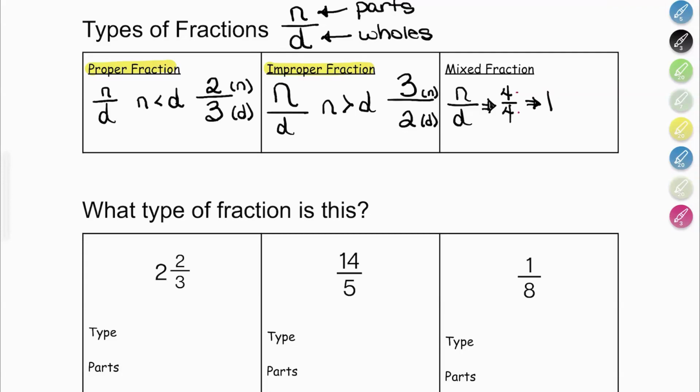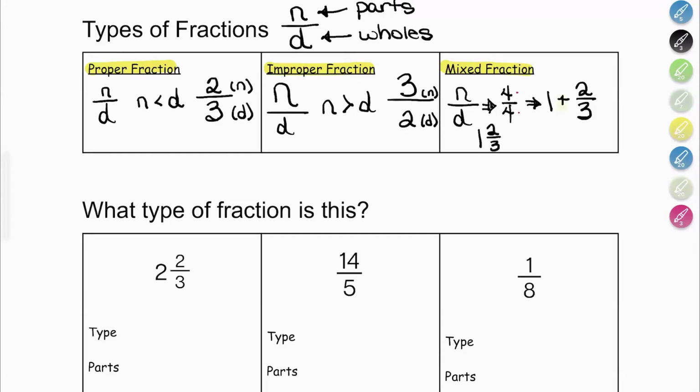Now, when I have a whole number like this, and then I have another fraction, and I'm going to draw this lightly, right? Because this fraction is being added, but we're not always going to show that symbol. With a proper fraction, then that is called a mixed fraction. So the way that this one actually looks would be 1 and 2/3, like that.